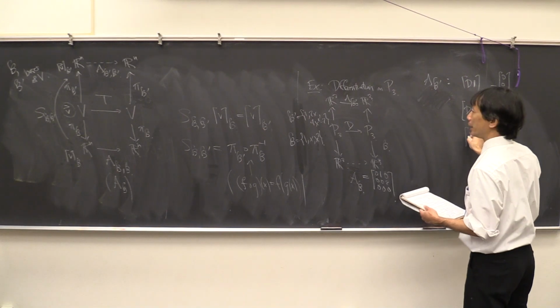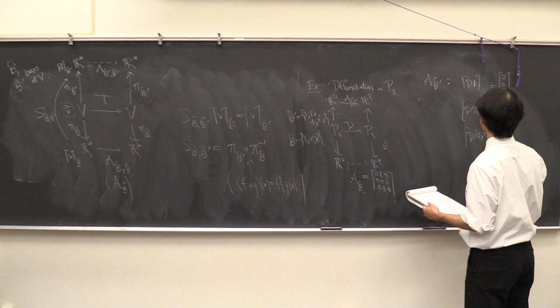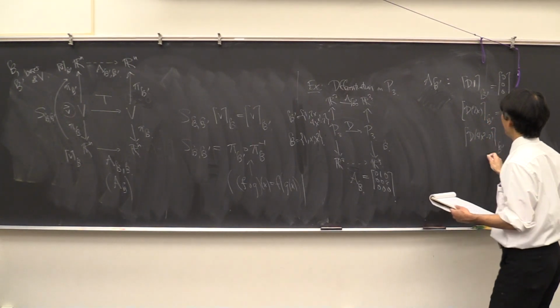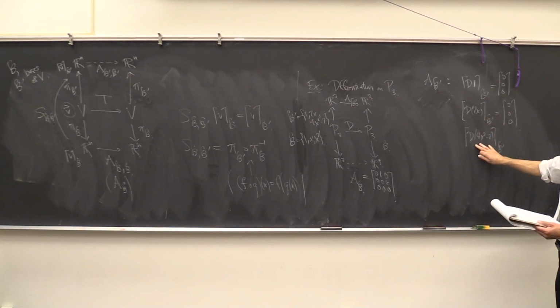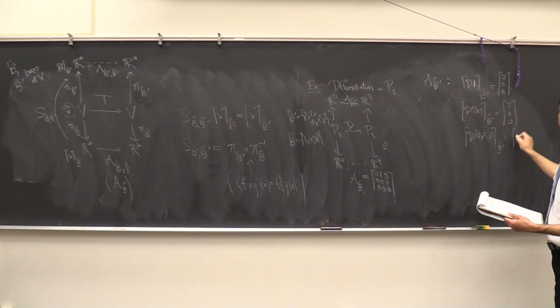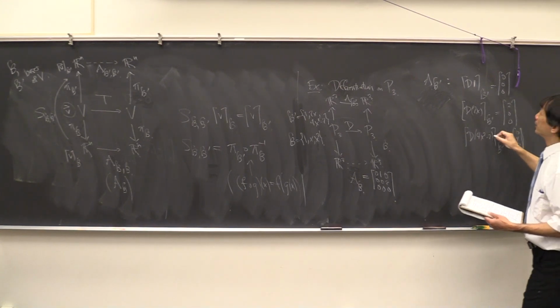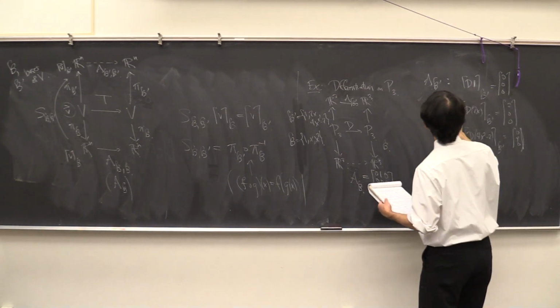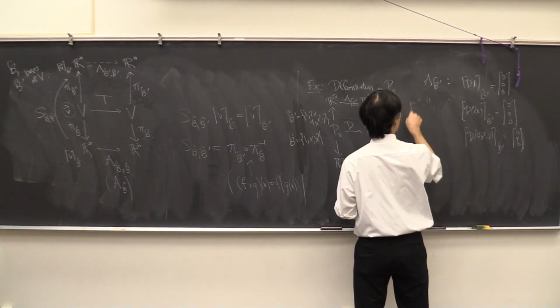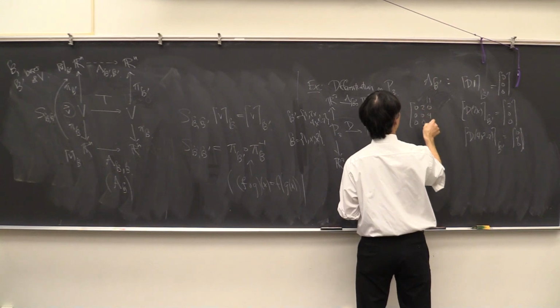And D of 4x squared minus 2 is 8x, and 8x is 0, 4, 0. So 0, 4, 0. And you get that A sub B prime is the matrix 0, 0, 0, 2, 0, 0, 0, 4, 0.